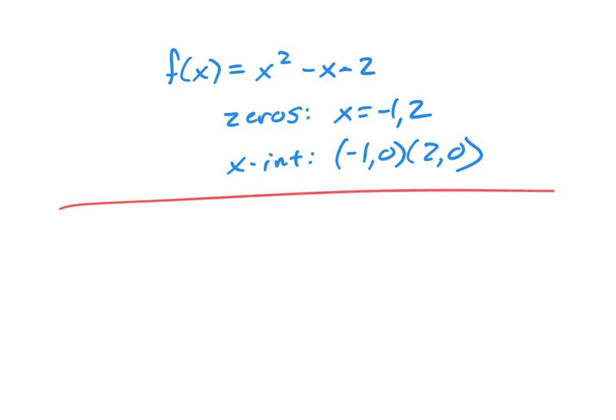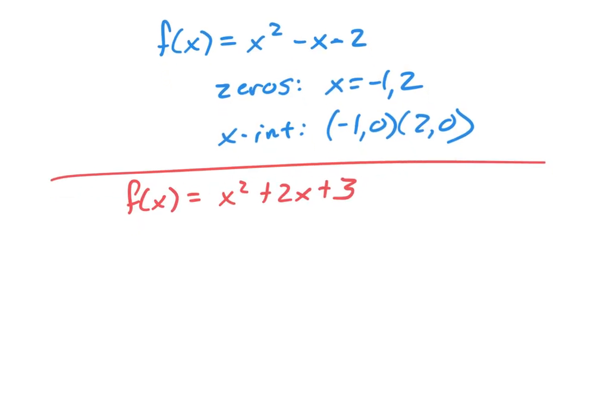Okay, let's do a third one here. If we graph this one, we still know it's a quadratic equation. And the fact that it's a quadratic, we know it's a parabola.